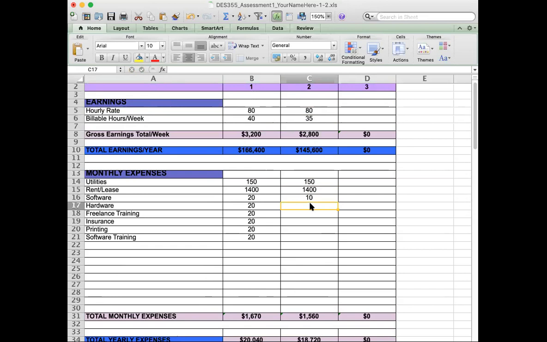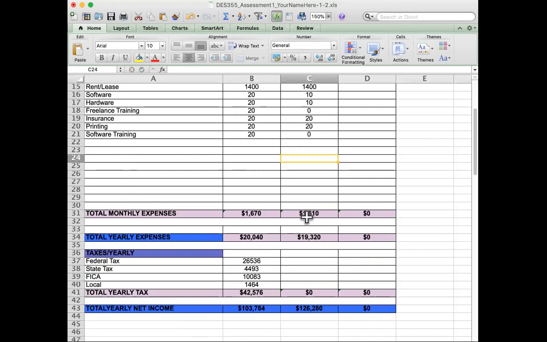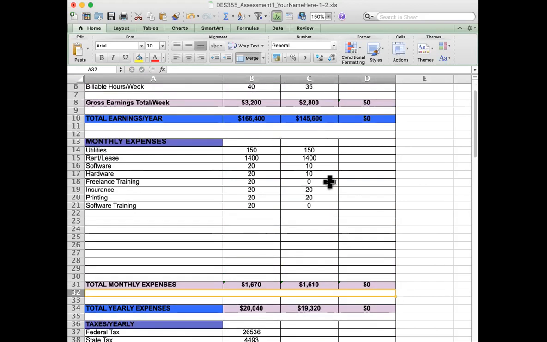Maybe this lessens. Maybe you didn't really have training. So kind of play around with those numbers. And then keep going based on that. Should recalculate here.